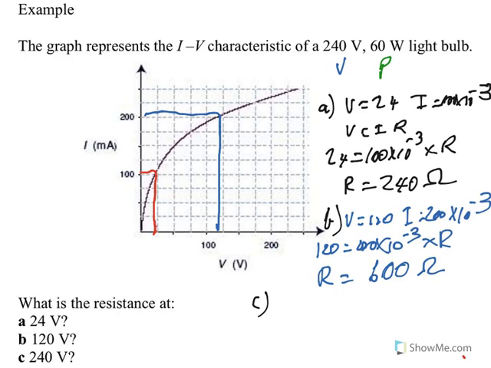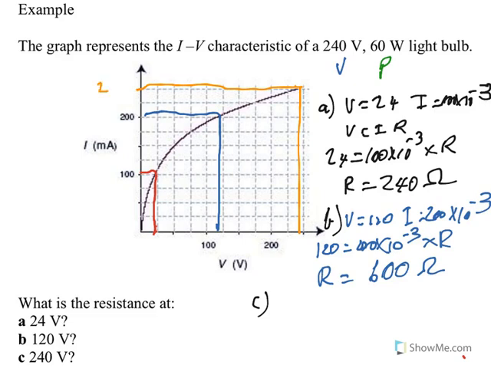Alright, part C then. So 240, where's 240? 240's about right on the end of it, right there. And then we go across here, and it's that number that's there. So that's 2 boxes above, and between 0 and 100 there's 4 boxes, so each box is 25.